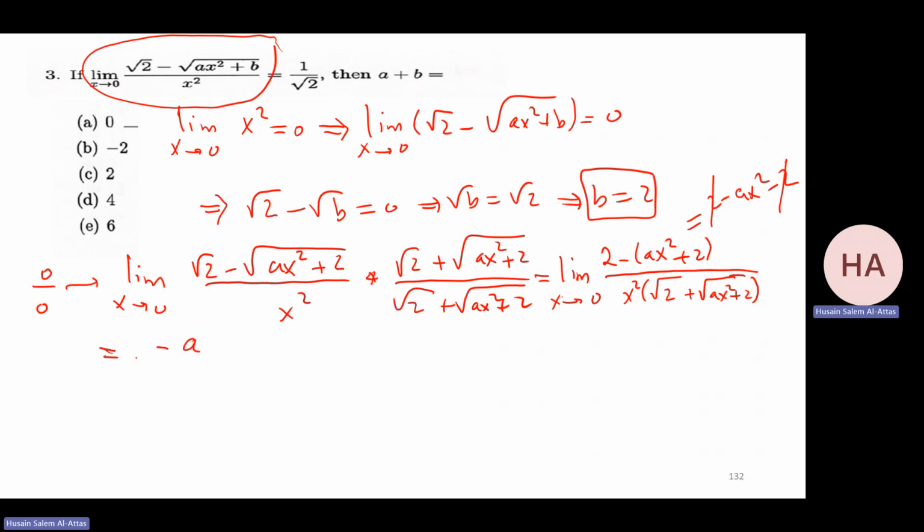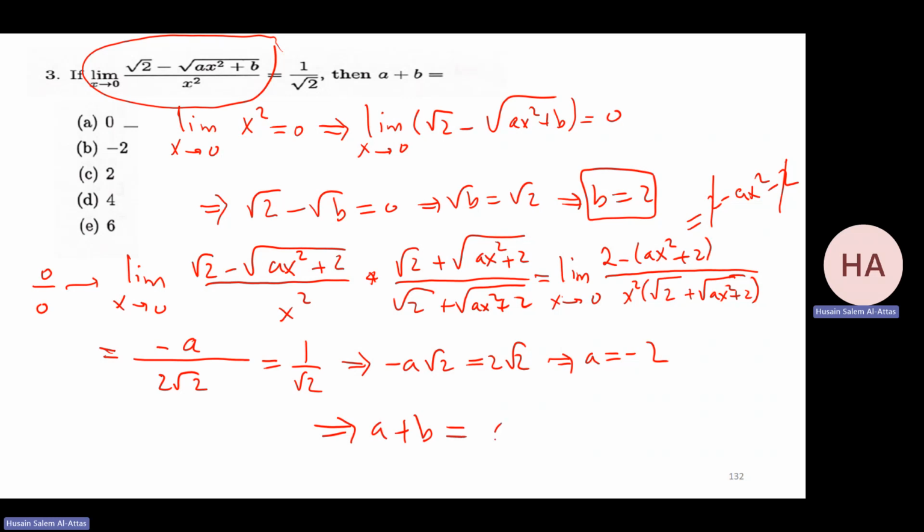So we get minus a over 2 square root of 2. That should equal 1 over the square root of 2. That means minus a square root of 2 equals 2 root 2, so a equals minus 2. That means a plus b will be equal to 0, which is this answer.